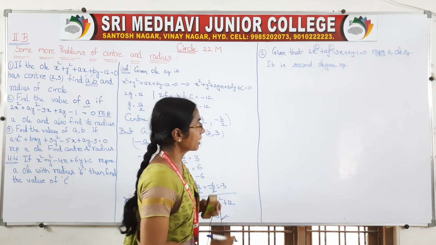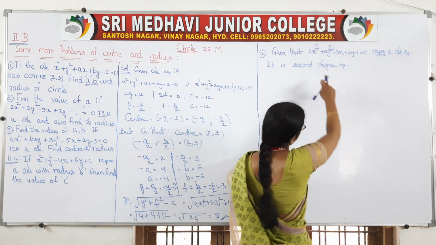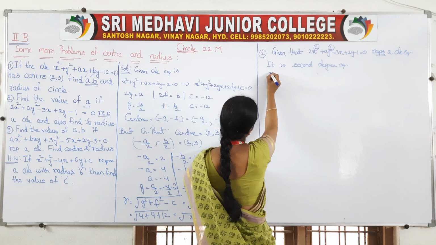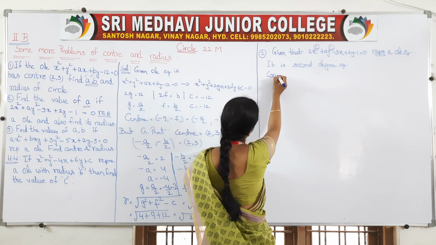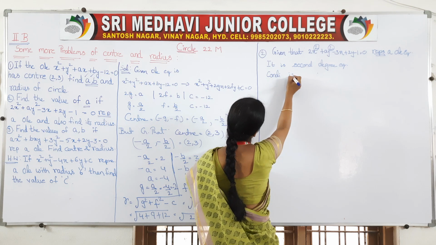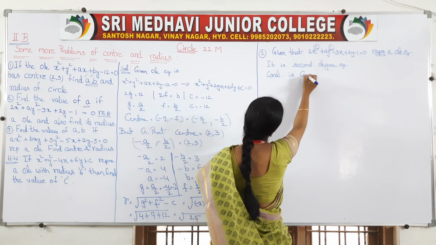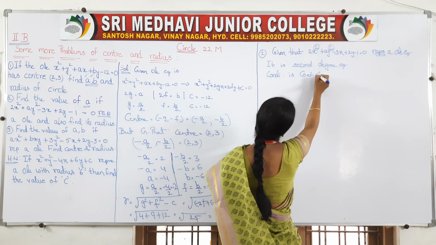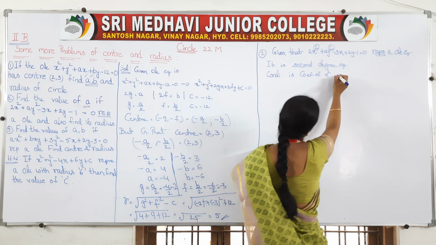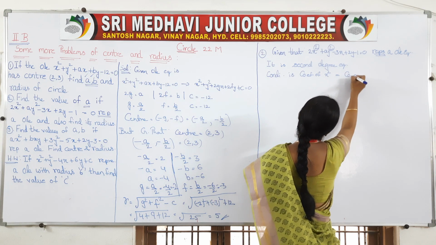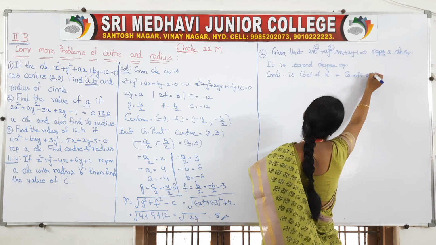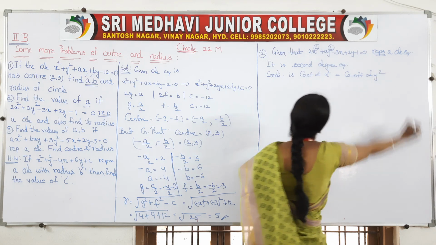If it is a second degree equation to represent a circle, what is the condition? The coefficient of x square is equal to the coefficient of y square.